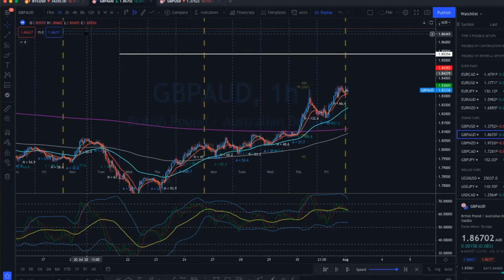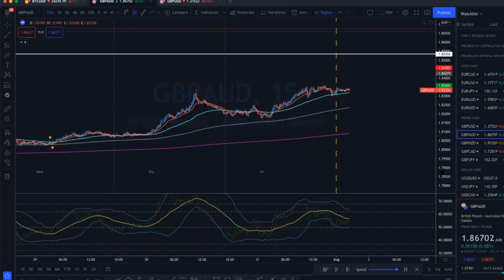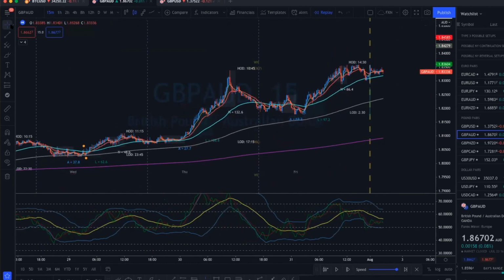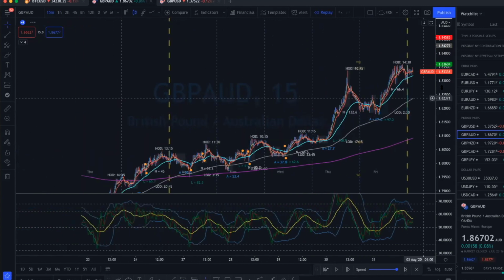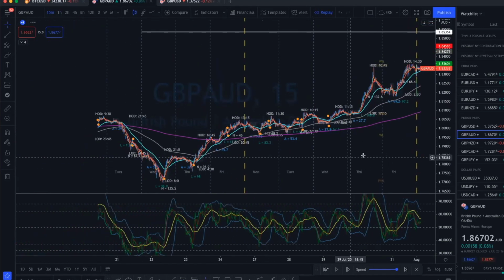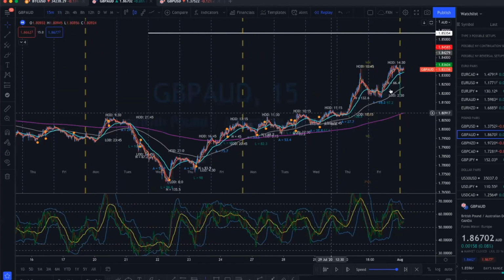So let's go up to the 15-minute time frame. A couple things first: if we look at the previous week, what was the weekly market maker cycle? We had a trending cycle the previous week. And how about the week before that?